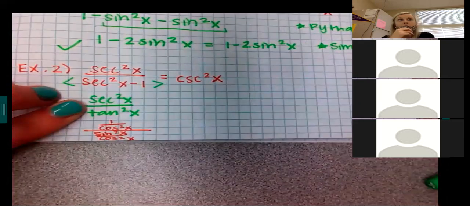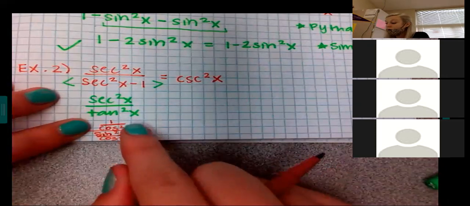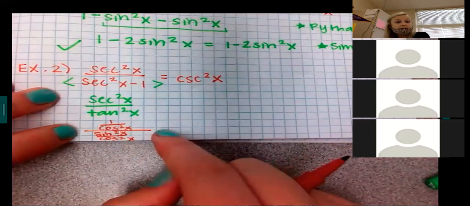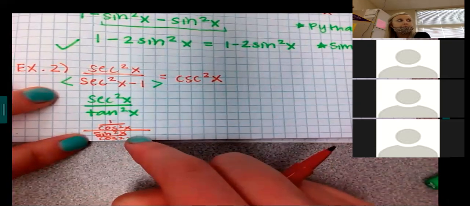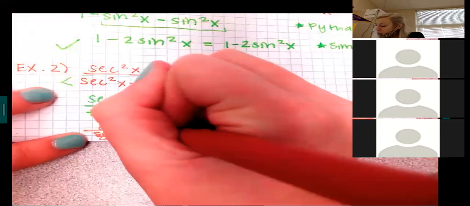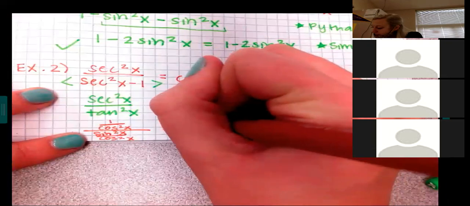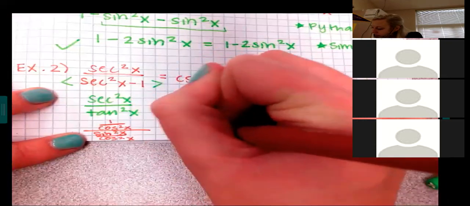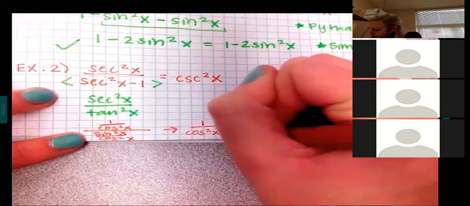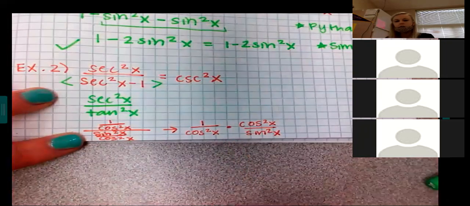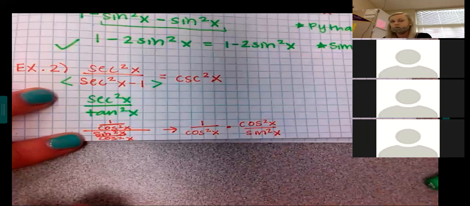And then you have to multiply by the reciprocal. Look, I have one fraction divided by another fraction. We do not know how to divide fractions. So what would you do instead, Kendall, one more time? Multiply by the reciprocal of the denominator. Good. So cosine squared over sine squared. All right, what happens with the cosine squareds?